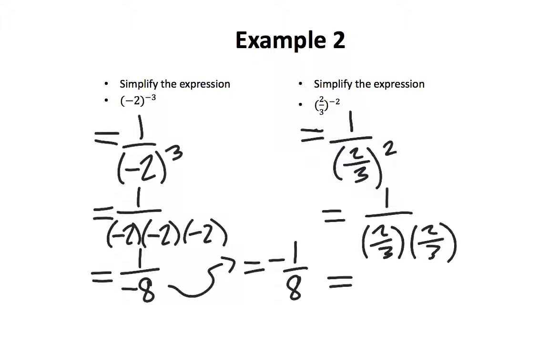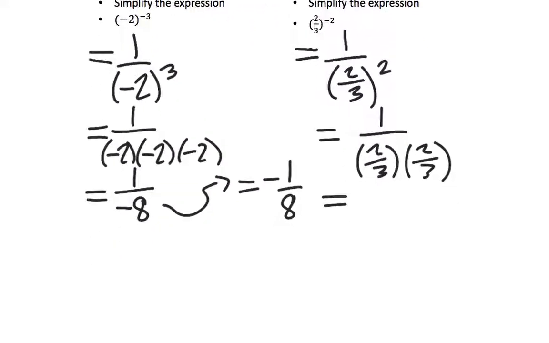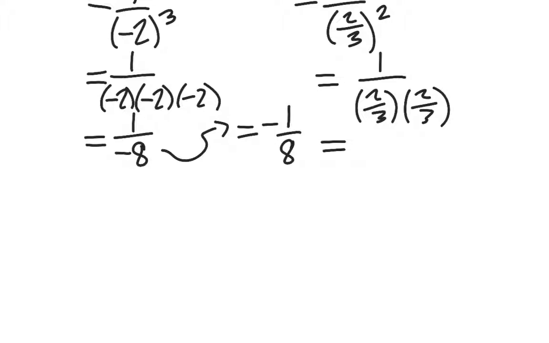When you're multiplying fractions, you just have to multiply the numerators and multiply the denominators. Let's just make some space first. So 2 times 2 is 4, and 3 times 3 is 9. And this is a very strange looking fraction. This is the same thing as 1 divided by 4 over 9.